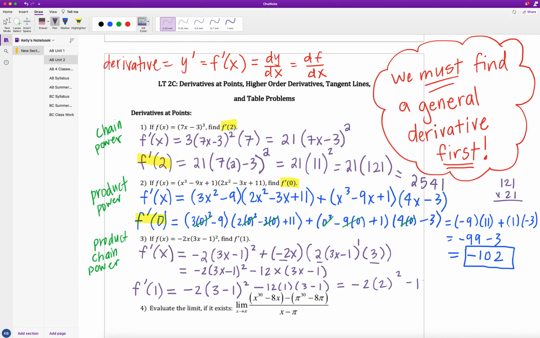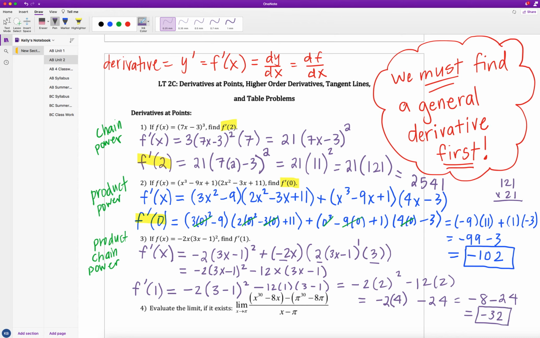We end up with a negative 12 times a 2. Order of operations says I do the exponent before the multiplication. So 2 squared is 4, so I end up with negative 8 minus 24 then.